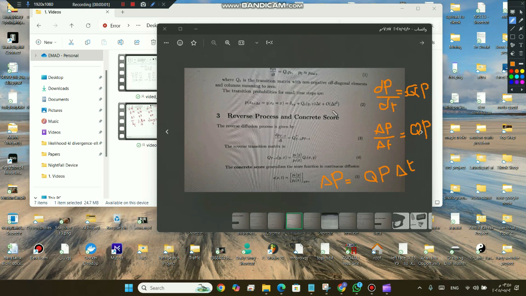Now, to make the approximation more and more accurate, we can add higher order terms, but right now we will just work on our first order approximation for this ODE.